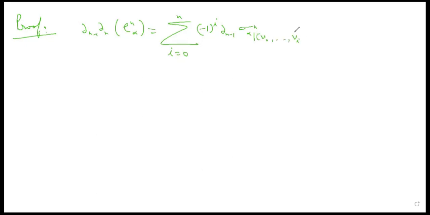Proof: by definition, this is equal to the sum over i equal to 0 to n of minus 1 to the power i, del of sigma_alpha^n restricted over the i-th face of delta n minus 1.